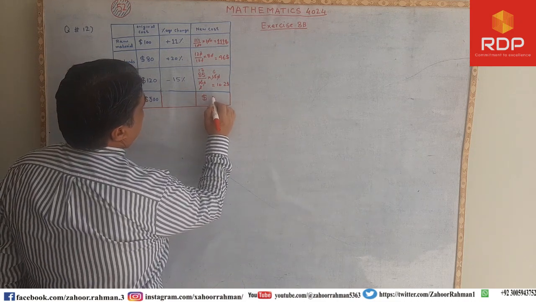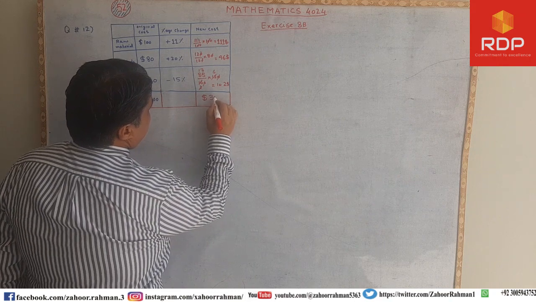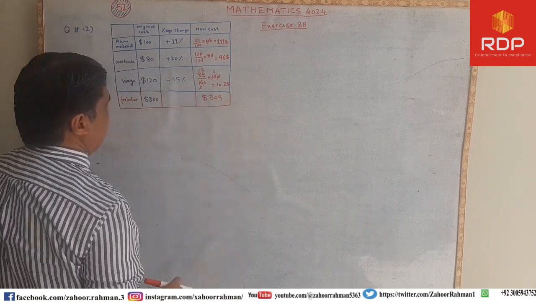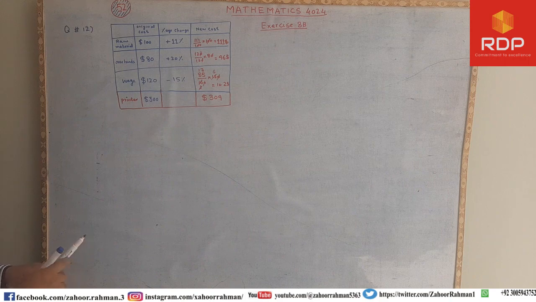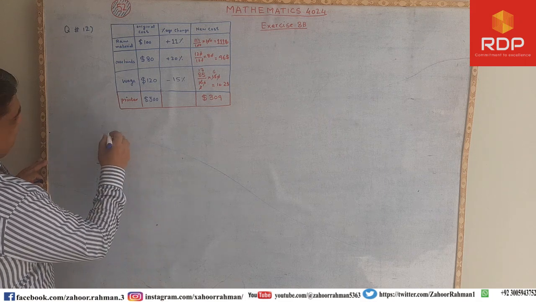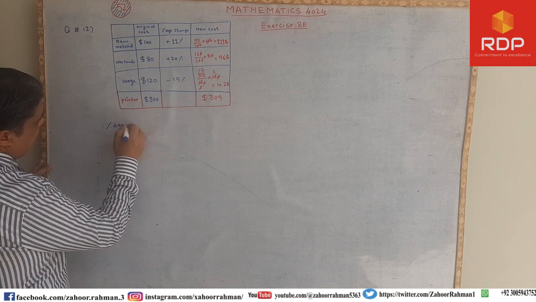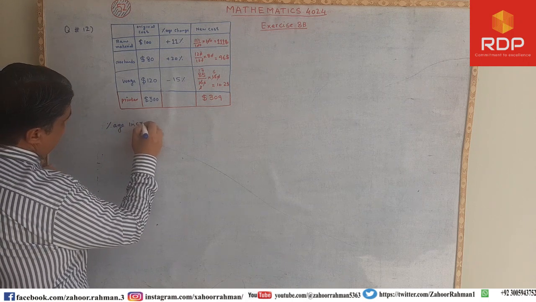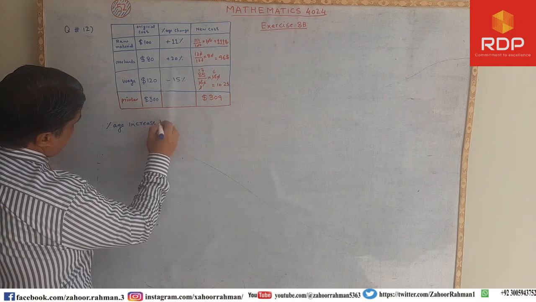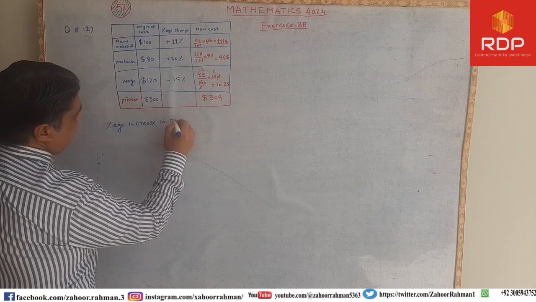So that will be $309. Now we have to find the percentage increase in production cost, and that is what the question is saying.